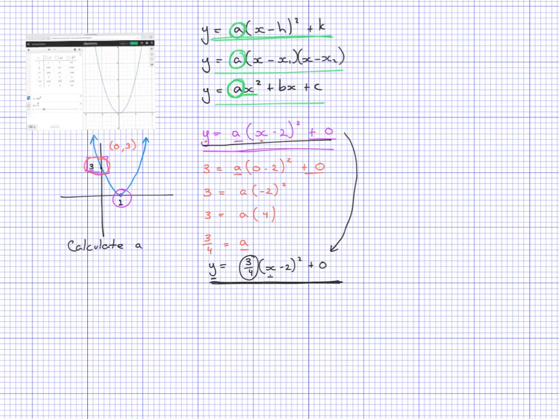As a quick recap, first step is to write an equation using the info you've been given.